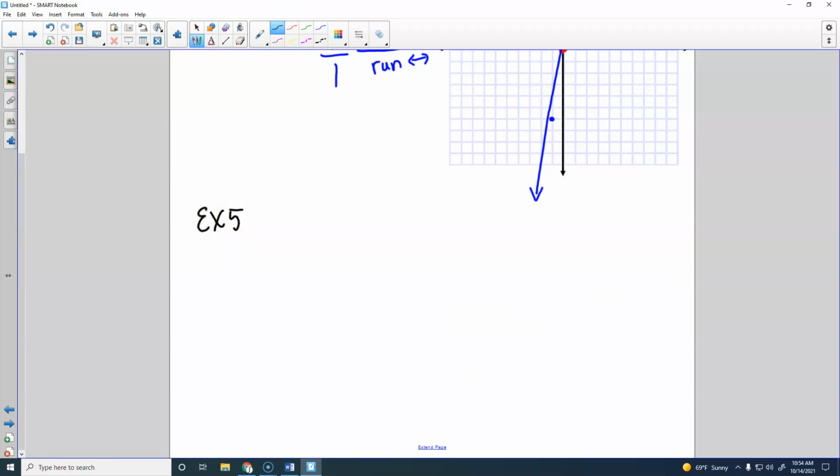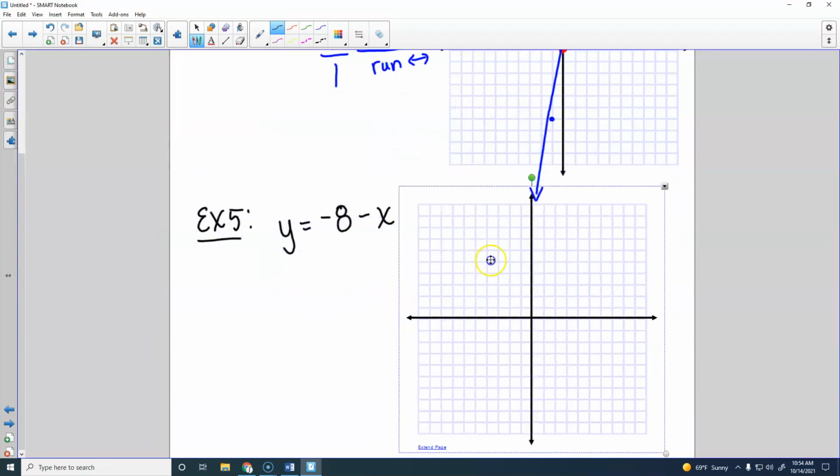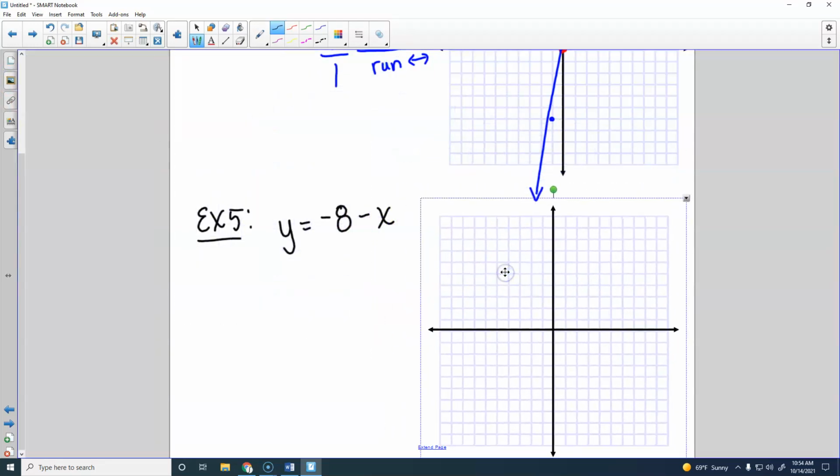Okay? Example 5. Let's do y equals negative 8 minus x. Okay, so Wade, what's my y-intercept?